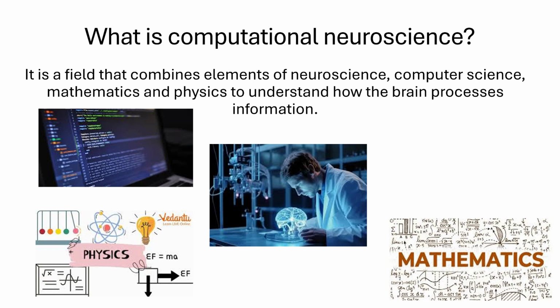First of all, what is neural computing or computational neuroscience? It is a relatively new field that combines concepts from neuroscience and fuses them with computer science, mathematics, and physics.